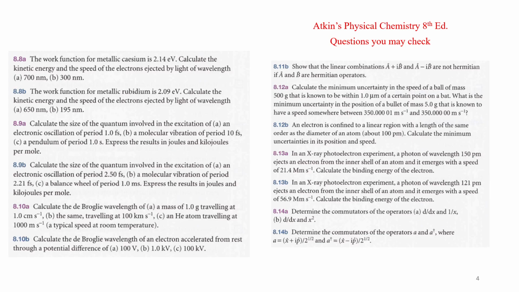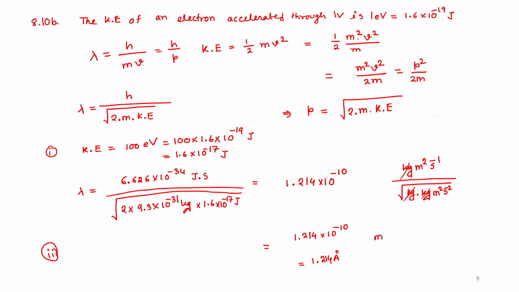It is known to have a speed somewhere between 350.00001 meter second inverse and 350.00000 meter second inverse. That means the uncertainty in the speed is 0.00001 meter second inverse.